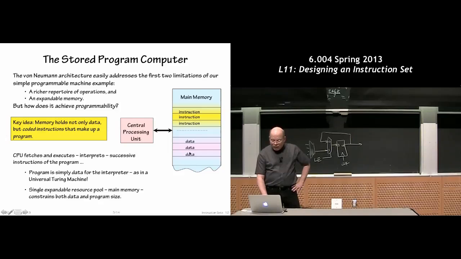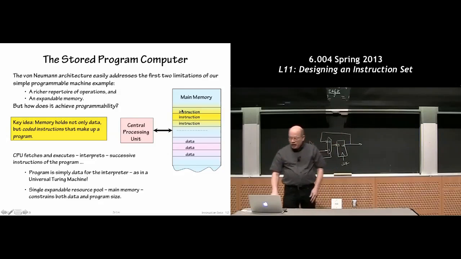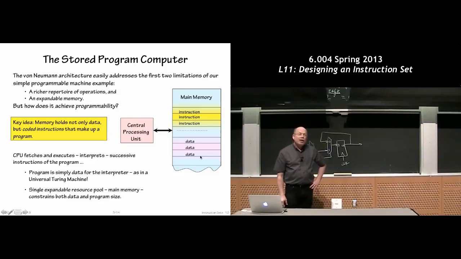So the idea is, instead of building that into the read-only memory inside the FSM here, we're going to design an FSM here that will go out and actually get an instruction from memory, which will be a bit-level encoding of the operation we want performed. And then we'll do that. We'll perhaps change some values in the scratch pads, or the scratch memory inside the CPU, or maybe update a memory value.